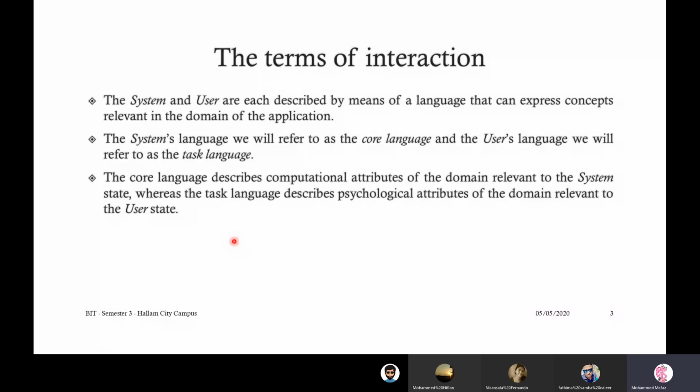So that is called core language. Then the other way around, when the system is trying to talk back to the user, we use the task language. Task language is mostly related to the psychological attributes of the user, because that is more towards the real human being.